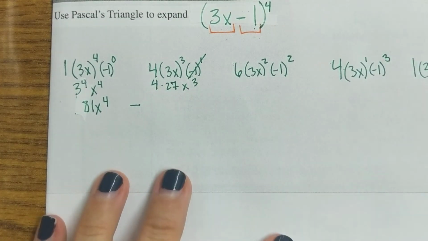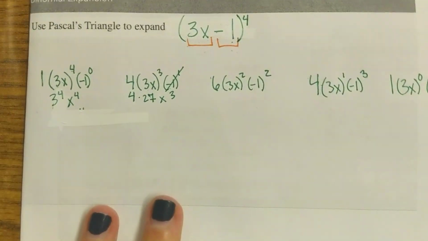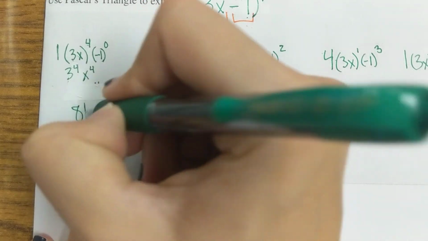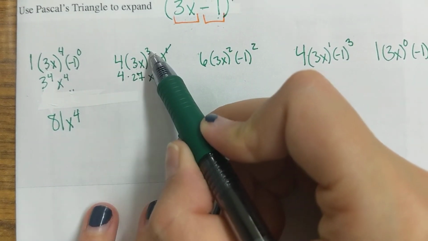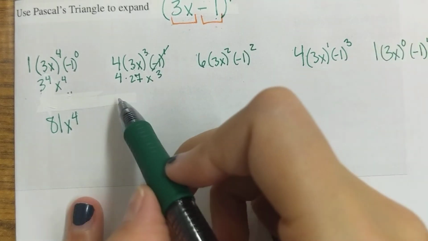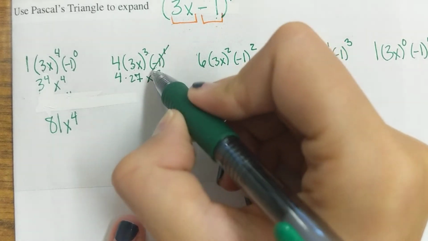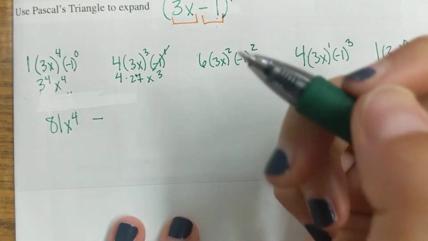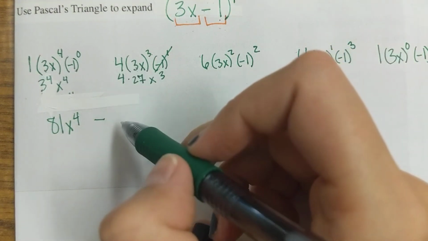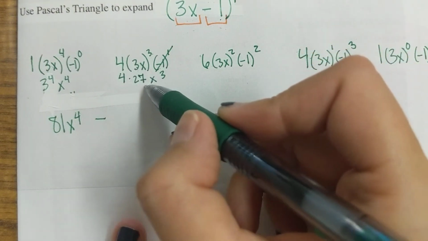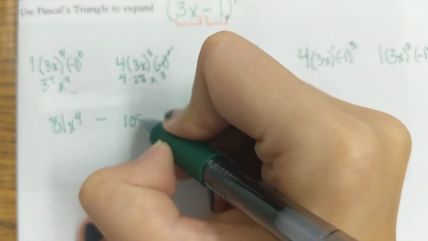And then we'll write this one too, and I'll bring this down. So 3 to the power of 3 and x to the power of 3. All right, so we had already said that this negative 1 to the power of 1 is negative 1. So it's going to make my result for this negative just because there are no negatives inside of here. 4 times 27 is 108.